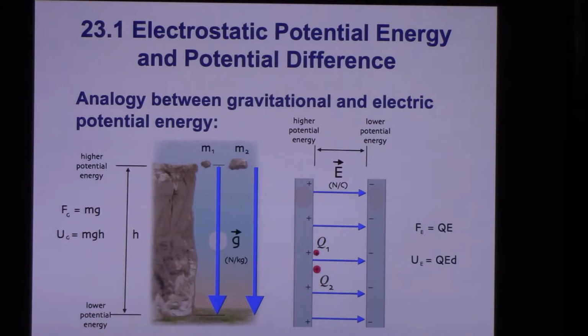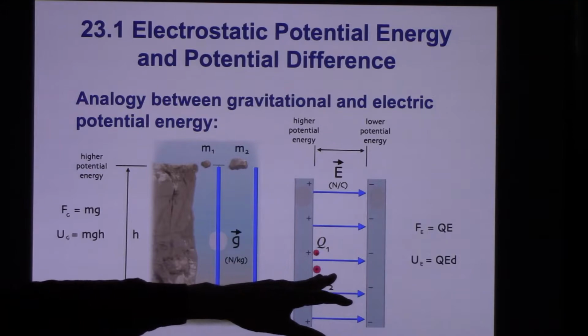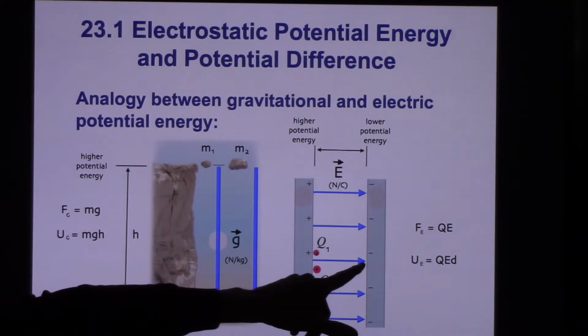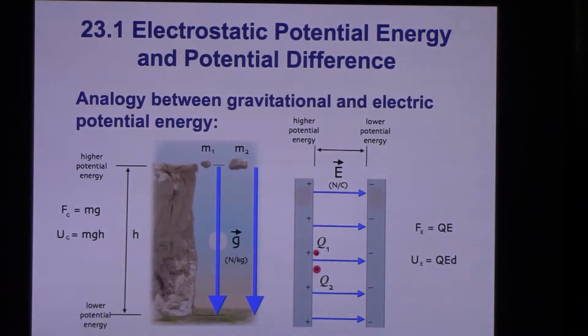Now, what does happen if we get a negative charge inside here? What if the negative charges inside, Q1 or Q2, are negative? Well, the direction of potential energy switches. If it's a negative charge, then the higher potential energy would be on the right side and the lower potential energy to the left.